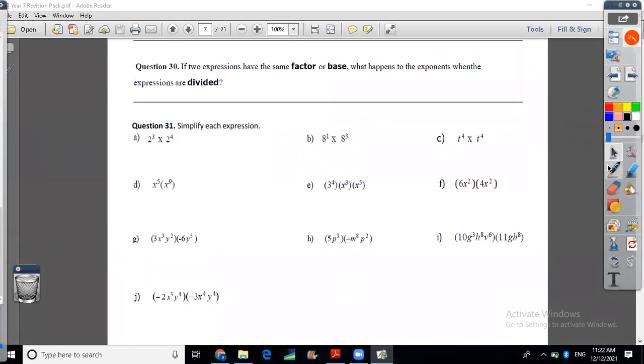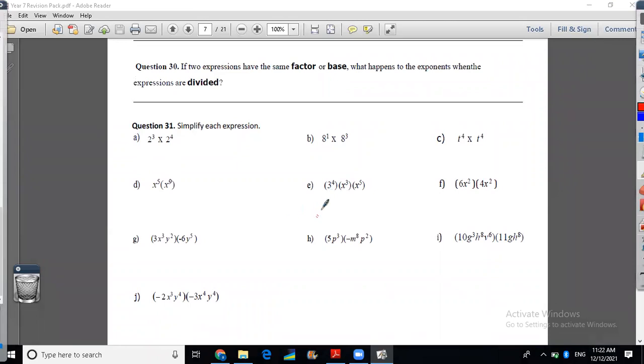What else is there? Okay, let's multiply them here. If I have 3 to the power of 4 here, if you multiply 3 by itself 4 times, 3 times 3 is 9, by 3 is 27, by 3 is 81. So this is 81. I want to multiply 81 by x to the power of 3 by x to the power of 5. So it's going to be 81, x to the power of 3 times x to the power of 5 is x to the power of 8.